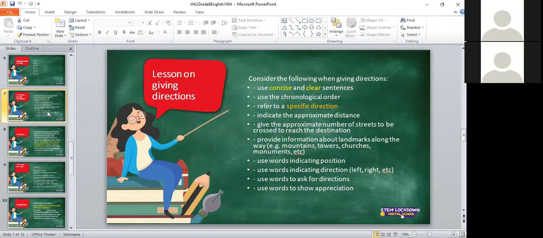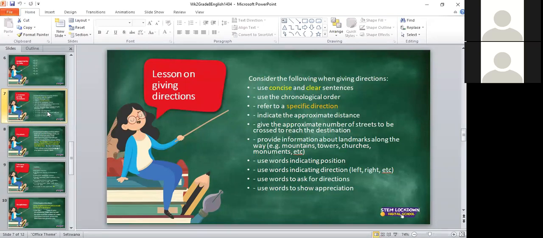It means your sentence should only be interpreted in one way, the way you mean it. Even when you write, the person reading will understand the first time they read what you wrote.